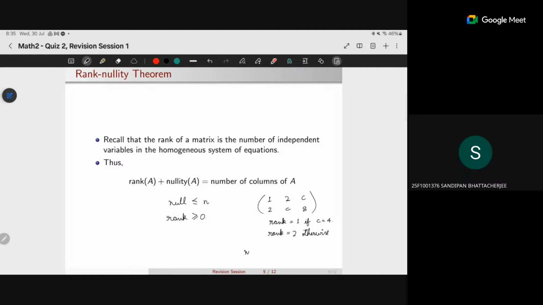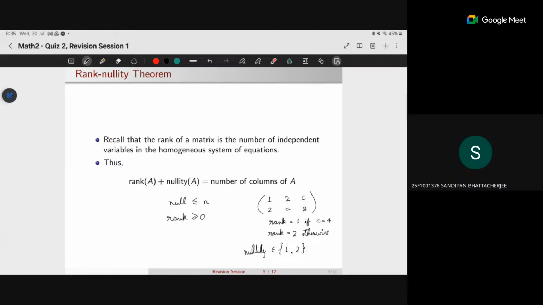The maximum nullity would be 2. Maximum can be 2 and minimum could be 1. Nullity cannot be 0, because if nullity is 0, then rank would be 3. Rank can't be 3, right? If rank is 1, nullity is 2. And if rank is 2, nullity is 1.